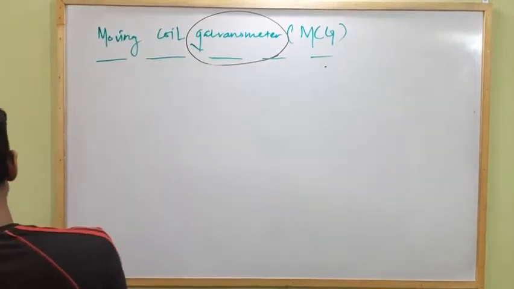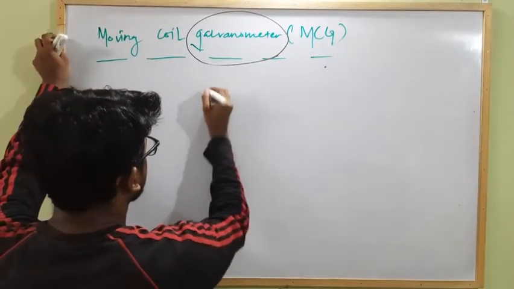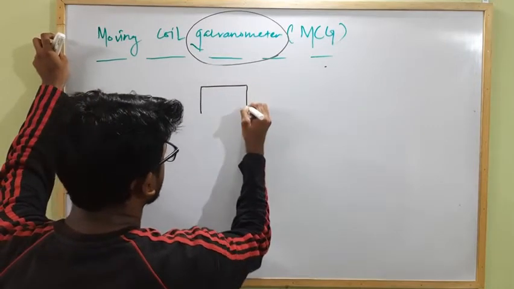In a moving coil galvanometer, the simplest constructive diagram will be like this.